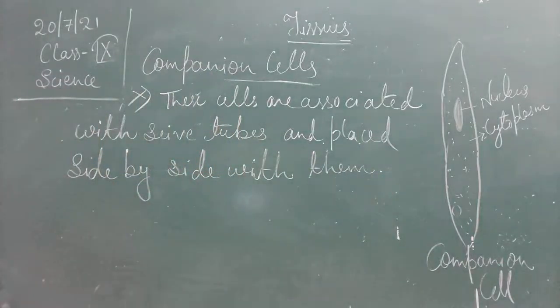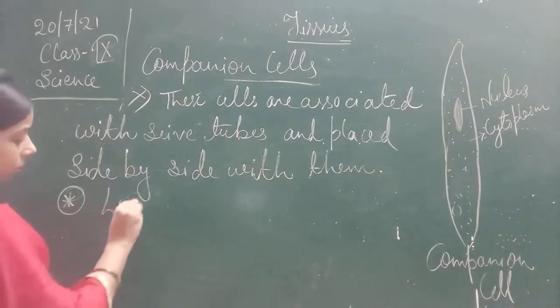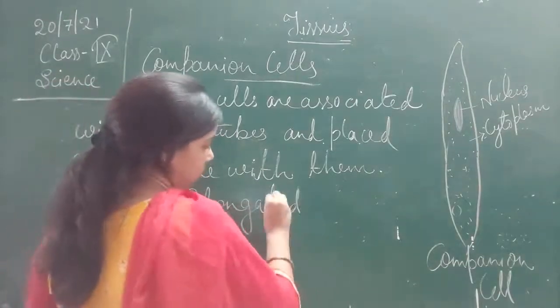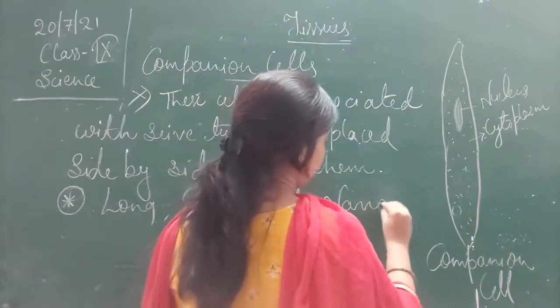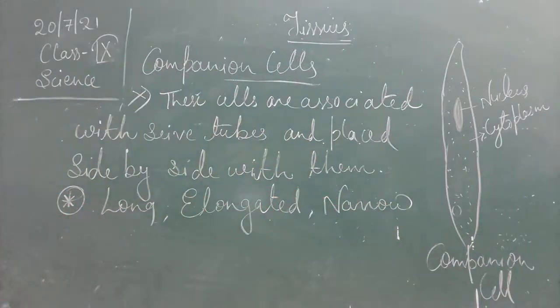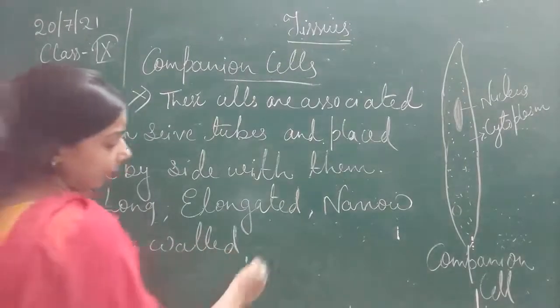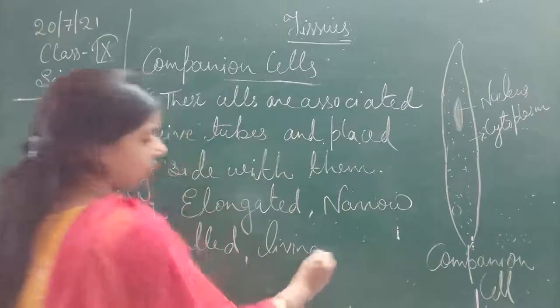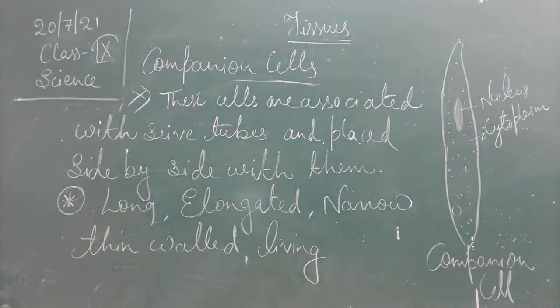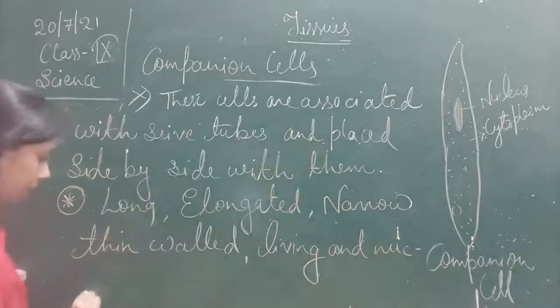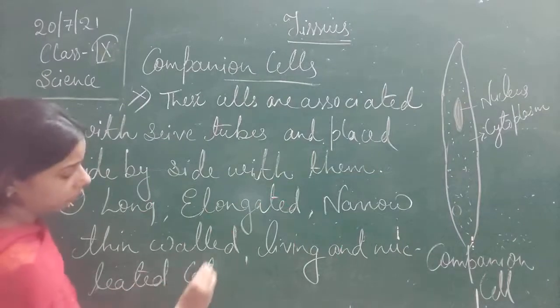Companion cells, when you look at the structure, are long, elongated, narrow, thin-walled, living and nucleated cells.